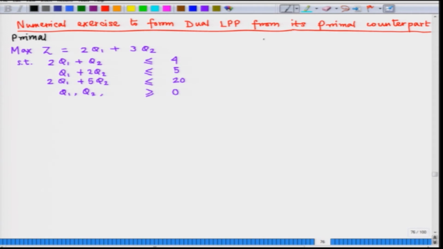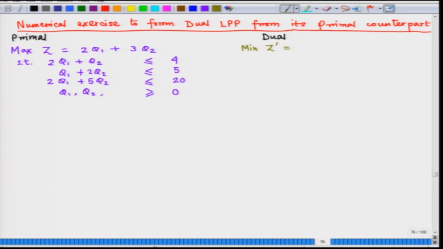Now, let us have the dual of this. So, dual will be a minimization exercise and Z prime is basically a new linear objective function which we need to minimize now.